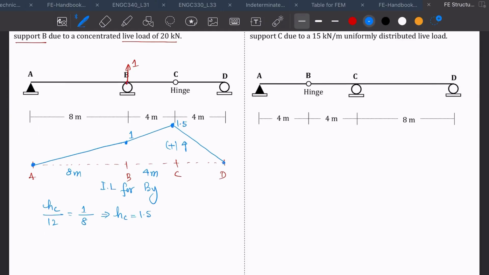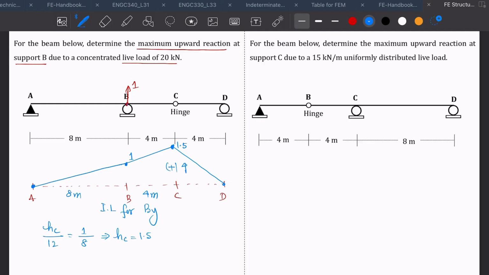And now if we want to find the maximum reaction at B due to this live load of 20 kilonewton, all we have to do is put the 20 kilonewton where the maximum ordinate is.